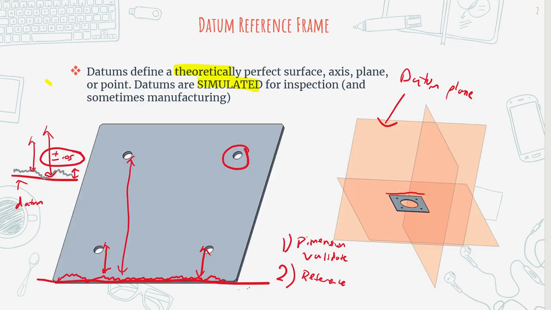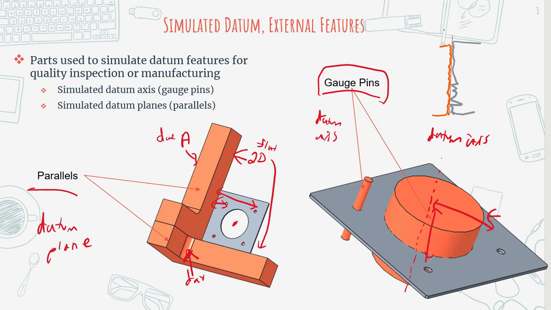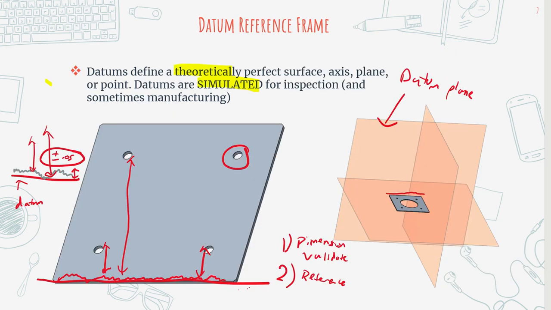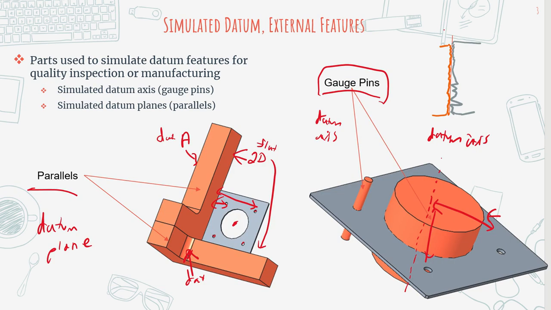So a drafter defines the datums for the part that they're machining in order for the inspection people to actually have something that they can use to measure off of, so they know where to measure off of. And that's how you relate the theoretical idea of the datum reference frame with the physical datums themselves and with the inspection criteria.